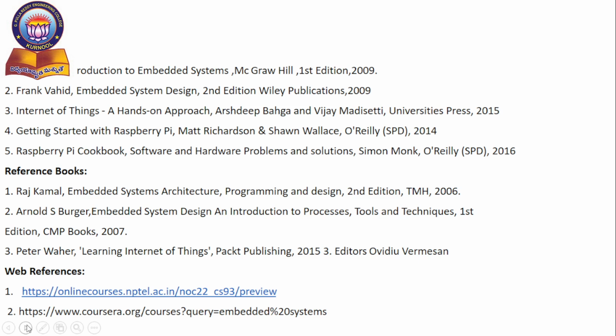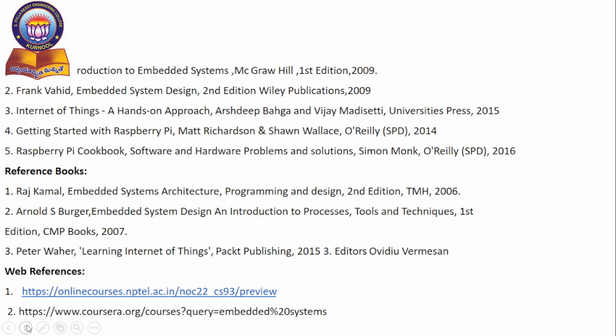So in continuation, to have an easy-going knowledge gaining procedure, some selective textbooks are prescribed to help us improve our knowledge, like Embedded System Design by the famous author Frank Vahid, and for basic knowledge and design approach, Internet of Things by Vijay Madisetti.